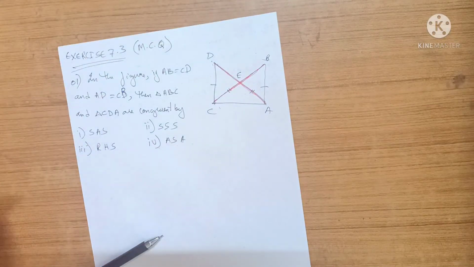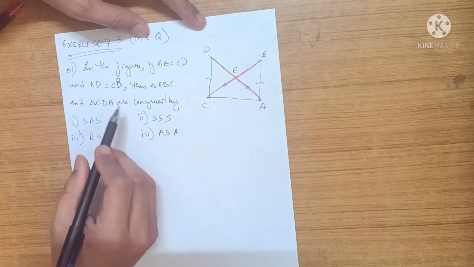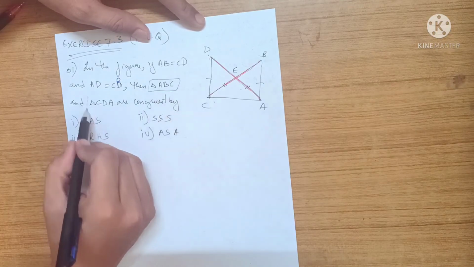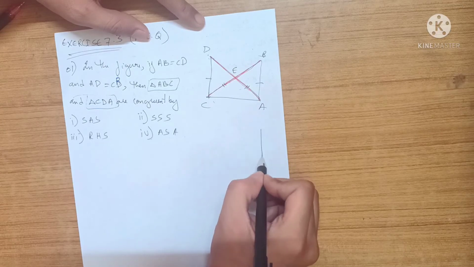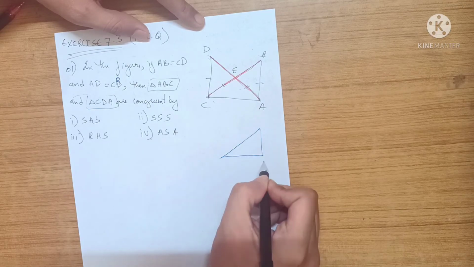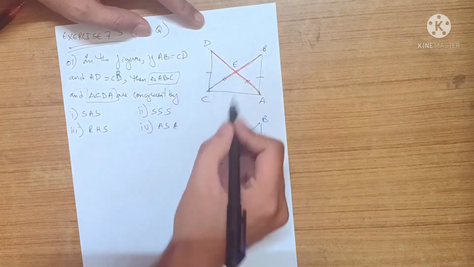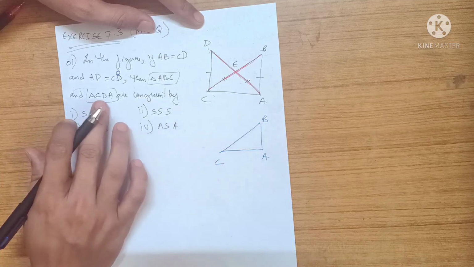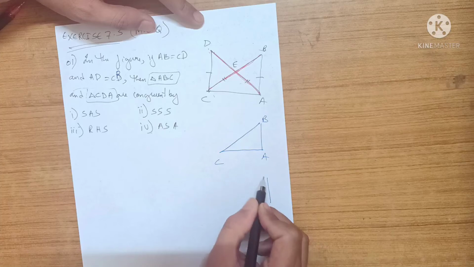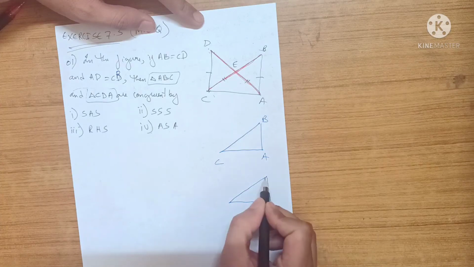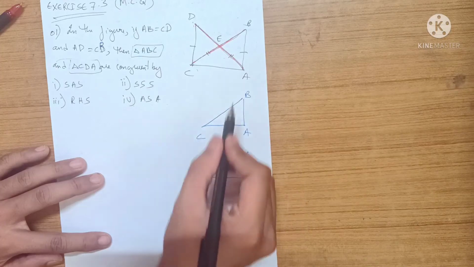If those two red lines are equal, then the triangles they're asking about are ABC and CDA. So I'm going to draw ABC first. A, B, C, okay. And then I'm going to draw CDA, but I'm going to draw it like this only, same direction. So BC is equal to AD, right?